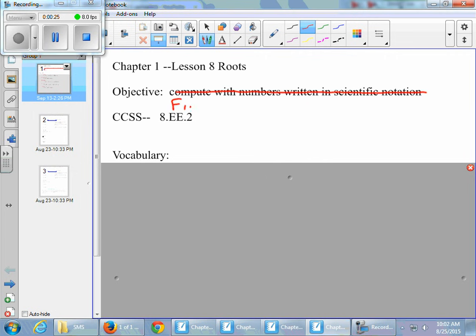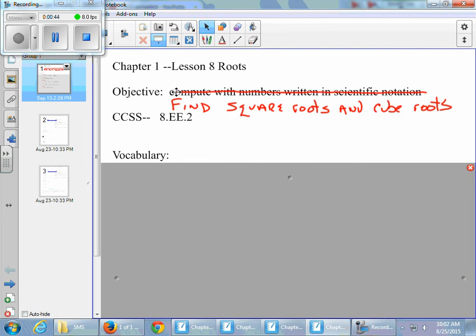We're going to find square roots and cube roots. That's our lesson.